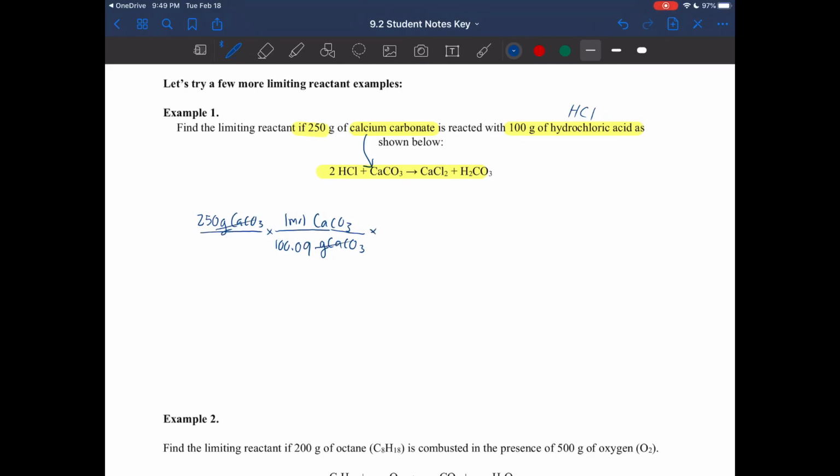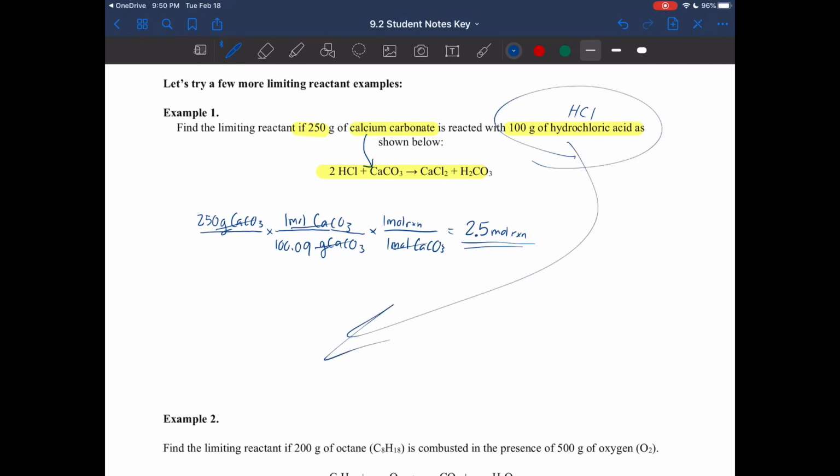Okay, and then we have to figure out how many reactions happen here. So in every mole of reaction, it looks like our coefficient is just 1 here. So only 1 mole of CaCO3 is used up. And calculating all of this, all we have to plug into our calculator is 250 divided by 100.09, and we should get about 2.5 moles of reaction that occur based on the CaCO3 that we had.